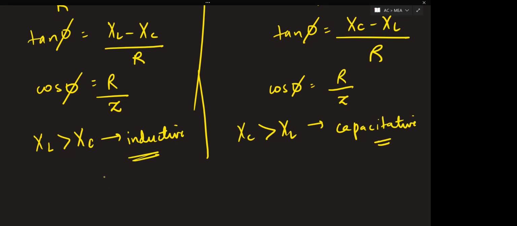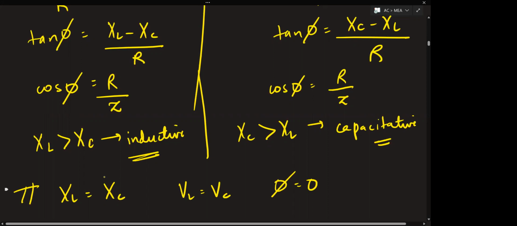So what about the resistive circuit? A resistive circuit is only possible if XL and XC are equal to each other. Then only will you have VL equal to VC, and there will be no phase difference. That is what we have studied: there is no phase difference in a purely resistive circuit.